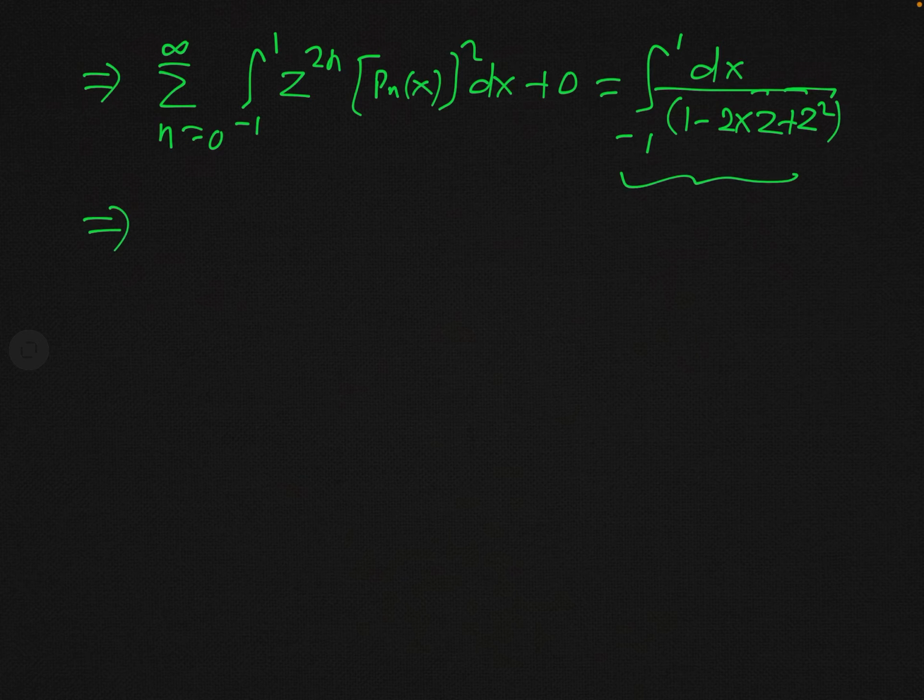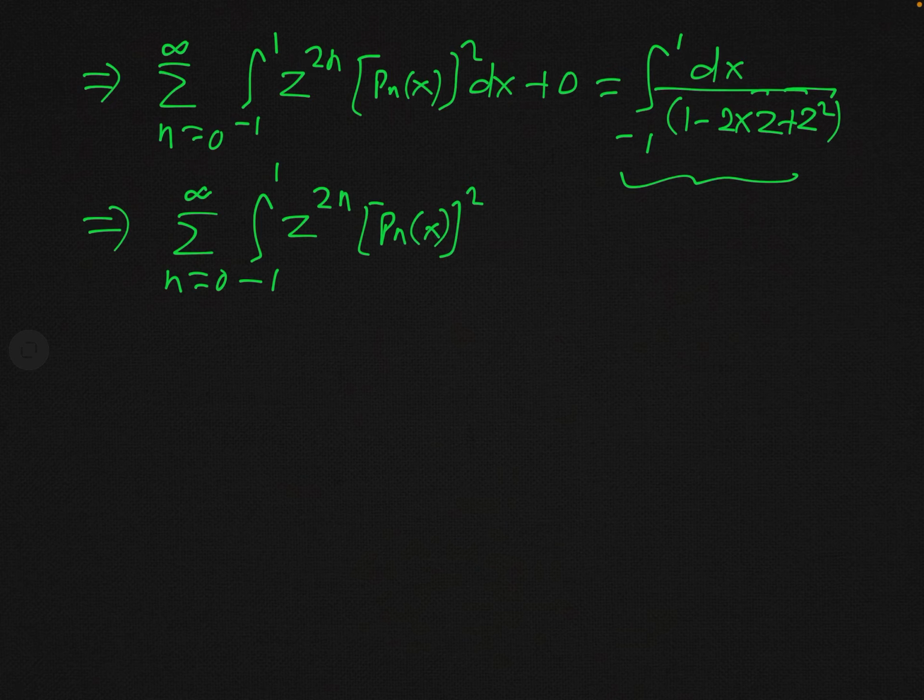You can see we can write that this is summation n from 0 to infinity, integral from -1 to +1 of z to the power 2n Pn of x whole square dx, and this will be equal to what?